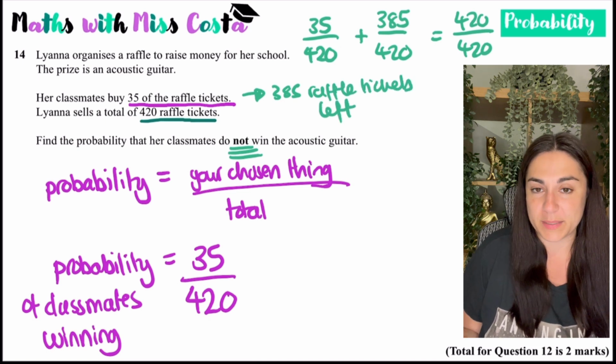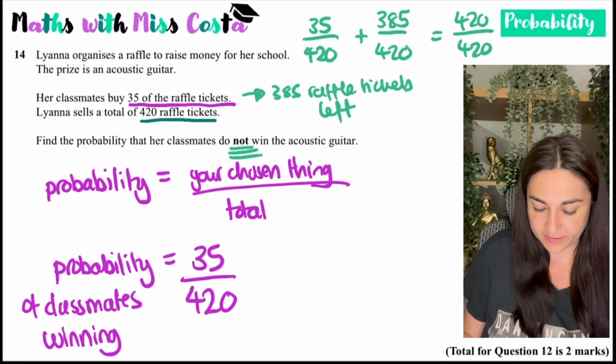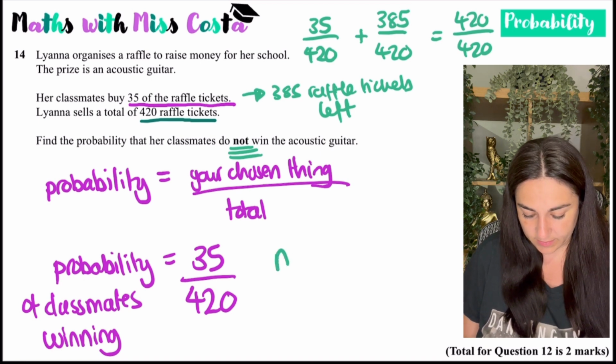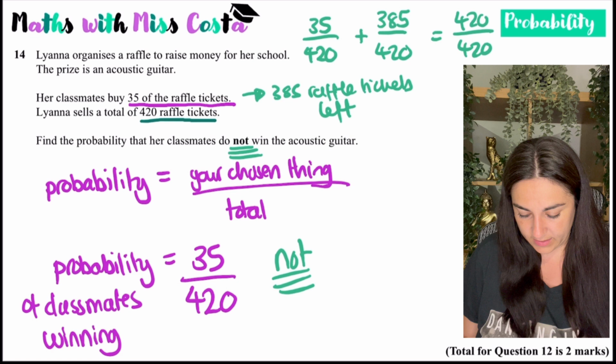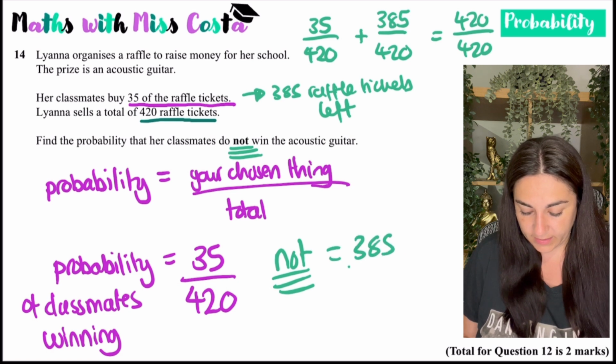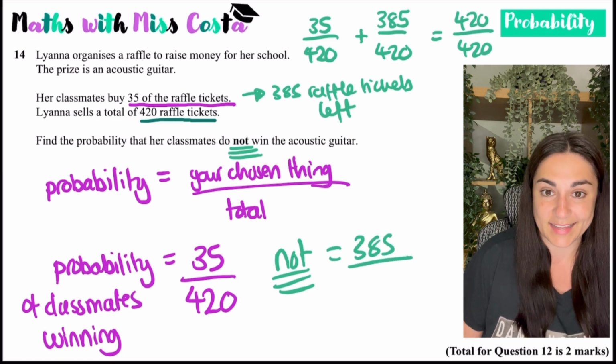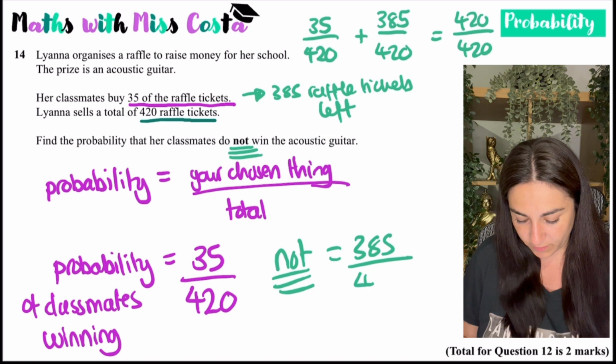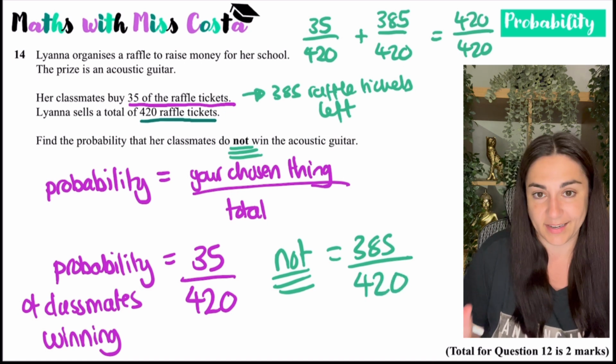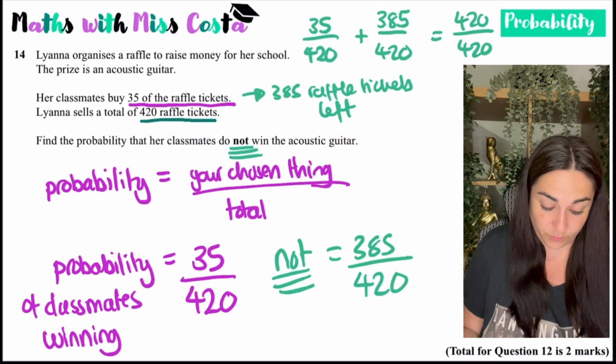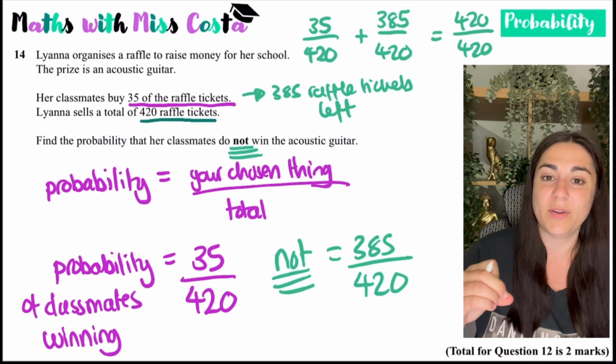So therefore the probability of them not winning is going to be 385, because there are 385 raffle tickets that they did not buy, and that's going to be over the total, which is 420.